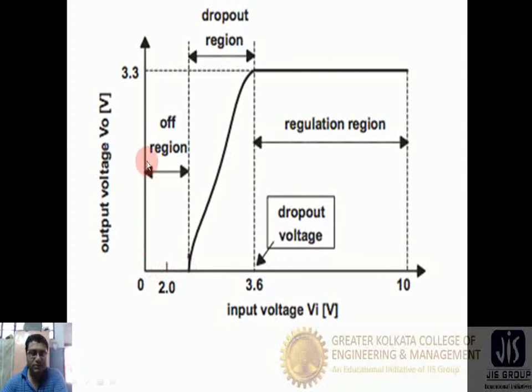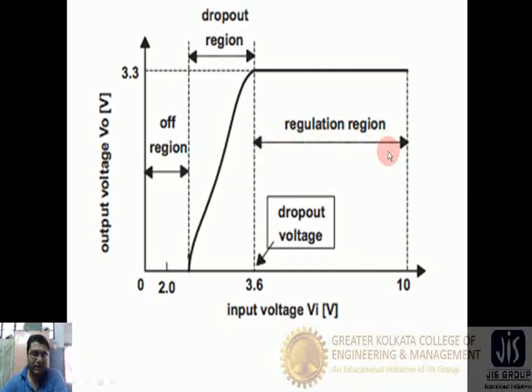This region is called the off region of the voltage regulator, and it requires some little excess voltage to limit the voltage. Here we can see it is 3.3 volt, but I have to apply 3.6 volt as input to get a regulated output of 3.3 volt. That increased voltage is called the dropout voltage, and the region where it gets regulated is called the regulation region.